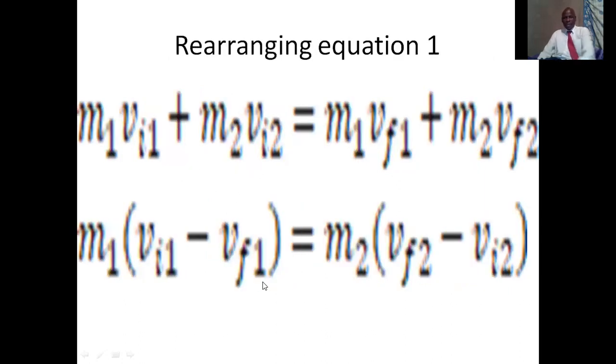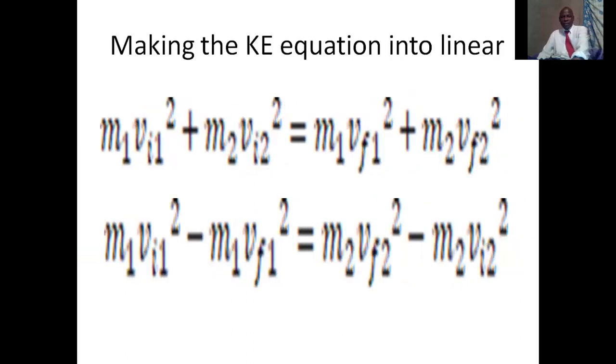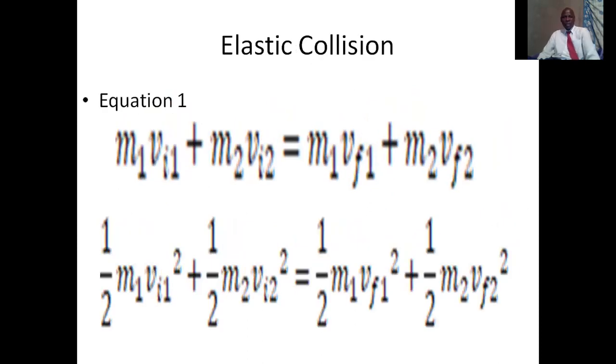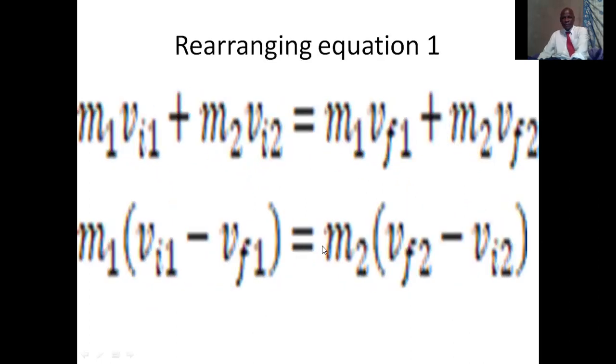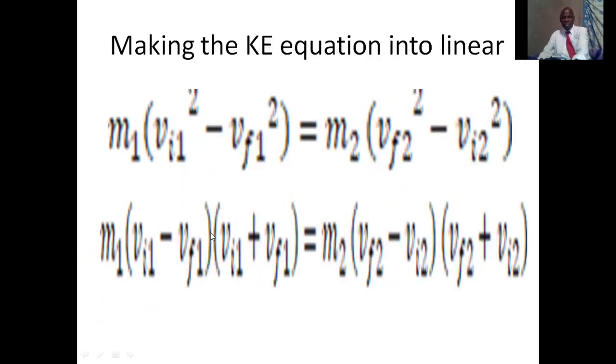Okay. And so from equation 1, you remember we had one equation where there was conservation of momentum and there was also conservation of kinetic energy. So this equation now, equation number 1, you do the same as you did here, arranging the masses into their same likeness, meaning that mass 1 should be on its own and mass 2 should be on its own.